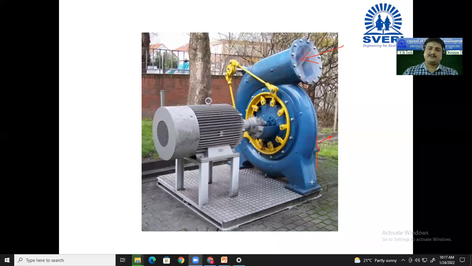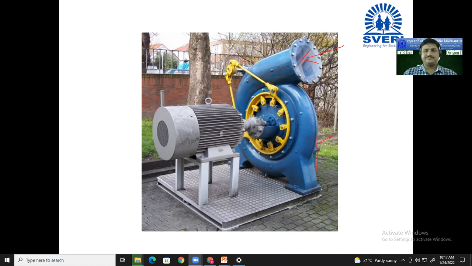So this particular pipe is its outlet, and this particular pipe is its inlet. Water is coming to such kind of turbine from the upper side, and that water is running in the spiral shape, in circular shape, radially inside the turbine, and then that water is taken out from another pipe.